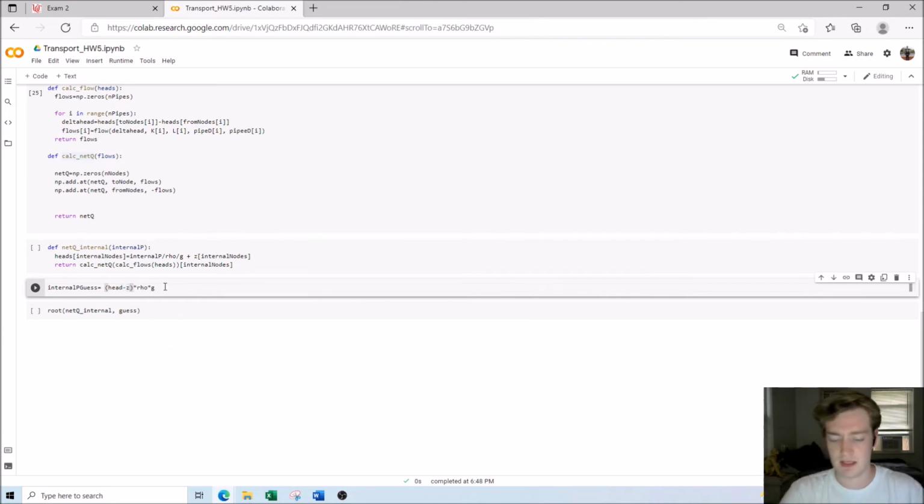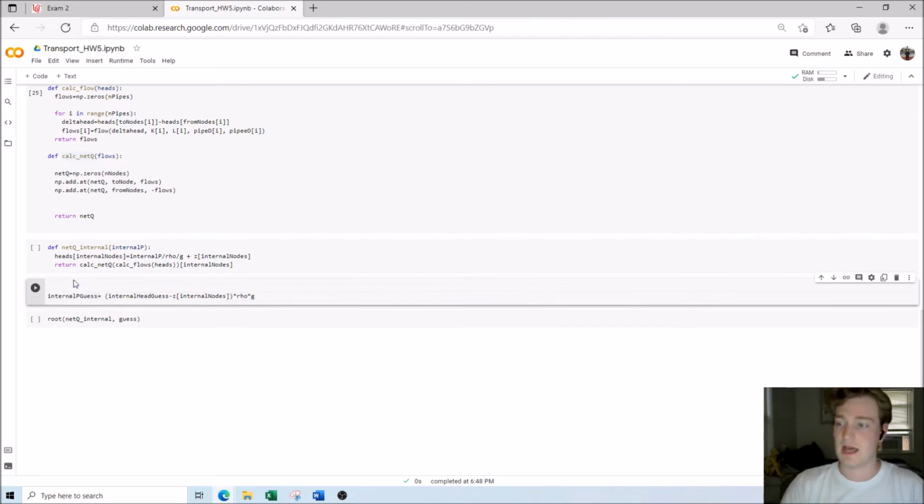Now, this z, we have the z value, so we'll say z of the internal nodes. Now, what is this head? We don't know. That's another guess that we have to make. So let's say something like internal head guess. Now, since we just defined that, we need to make a guess for that as well. So I'll copy and paste that over.